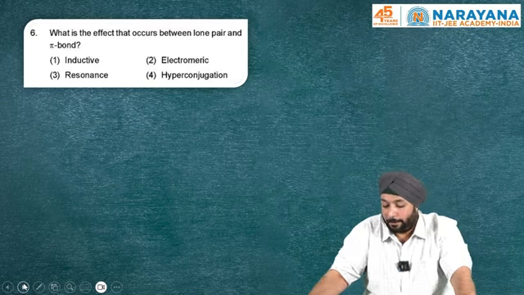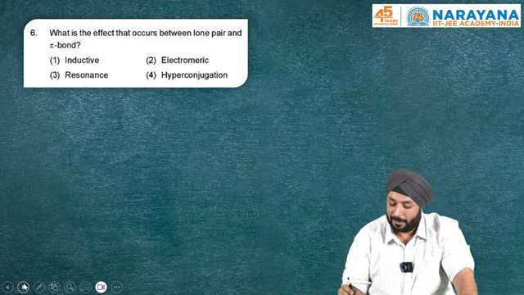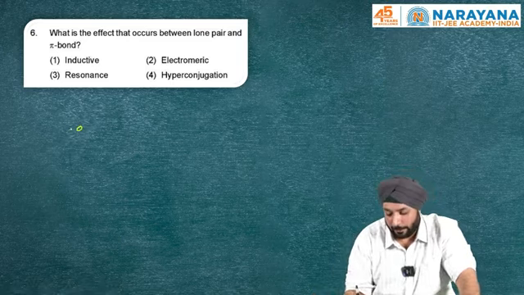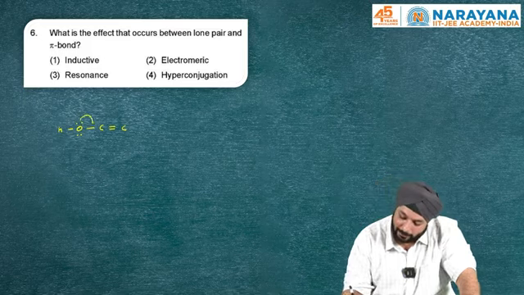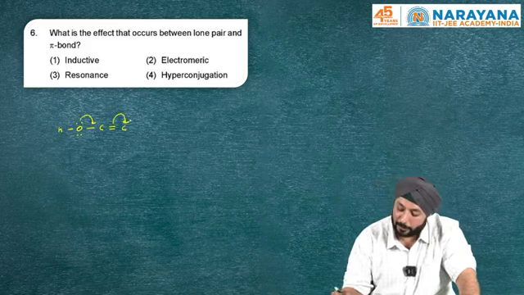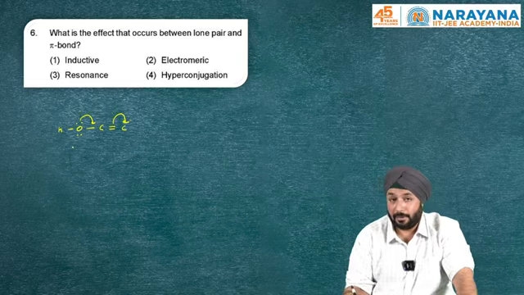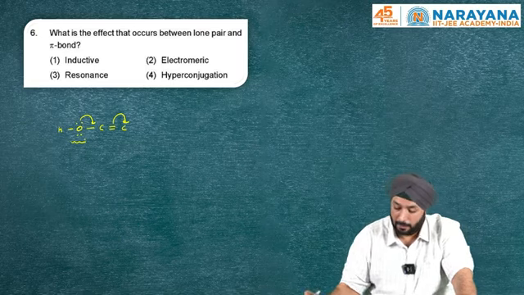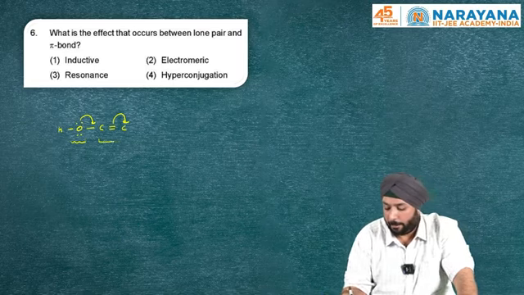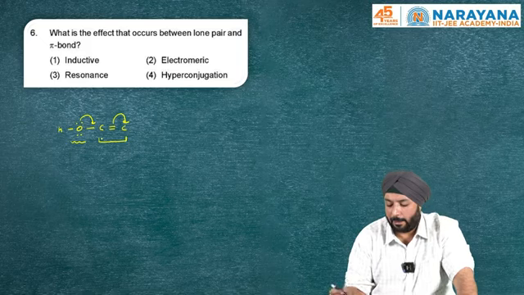Now, what is the effect that occurs between the lone pair and pi bond? I have a lone pair, then I have a sigma bond, and then I have a pi bond. You know that in this molecule there is a phenomenon known as resonance, in which the oxygen atom, which has a complete octet, will donate a pair of electrons into the vacant antibonding molecular orbital of C double bond C. Right.